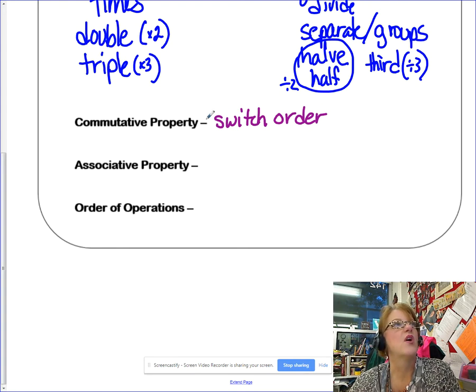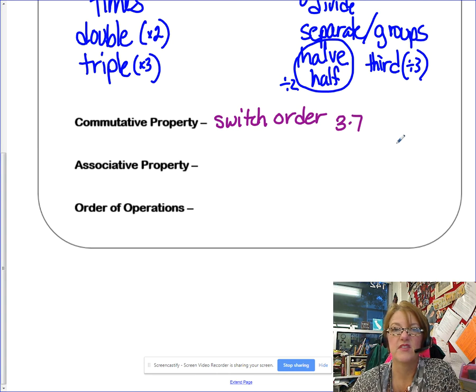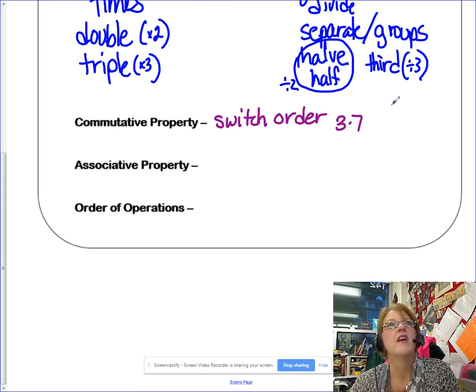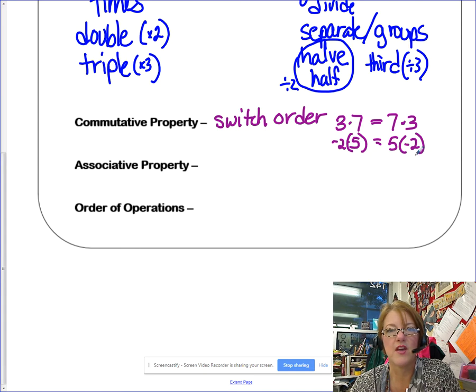So 3 times 7 is 21, and I could also say 7 times 3. It's still 21. Even if you had negative numbers, negative 2 times a positive 5, and a positive 5 times a negative 2, both give you the same value of negative 10.